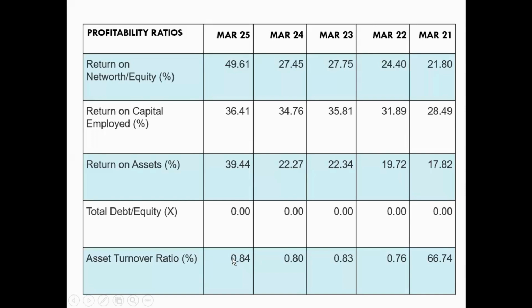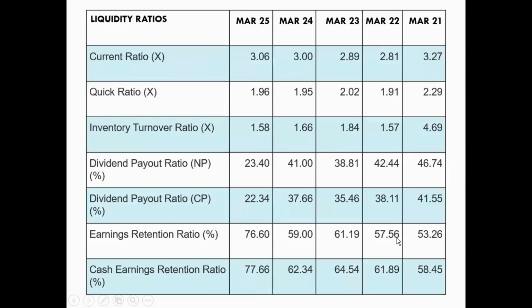Asset turnover ratio is 0.84, 0.80, 0.83, 0.76, and 0.66. Liquidity ratios. Current ratio is 3.06, 3, 2.89, 2.81, and 3.27.